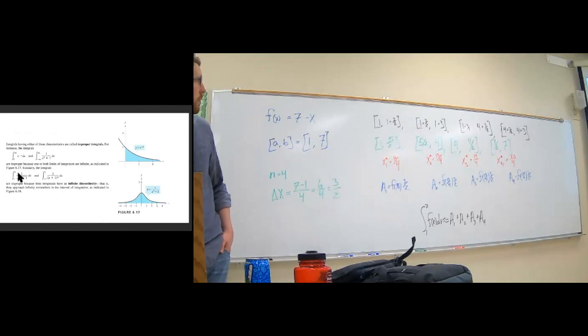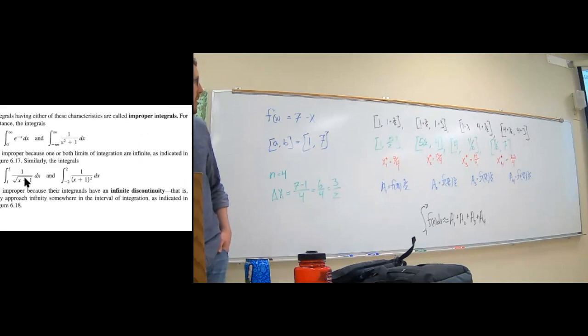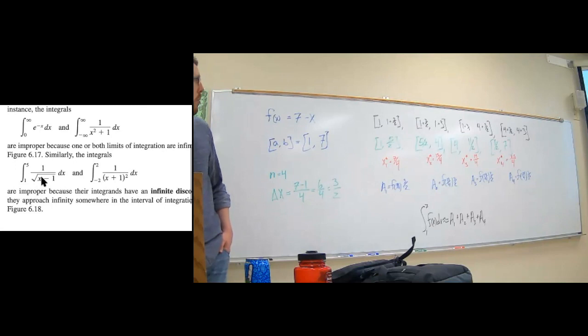As an example, let's take 1 over the square root of the quantity x minus 1. Notice what happens when x is equal to 1. This is discontinuous at 1.